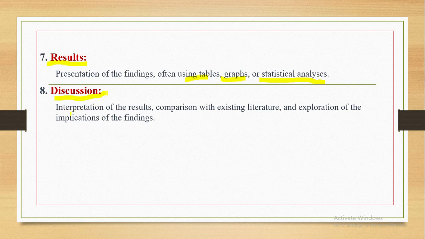Discussion means interpretation of the results, comparisons with the existing literature reviews, and exploration of the implications of the findings. What you have is discussed under discussions, that is, a detailed discussion of the results that you get.